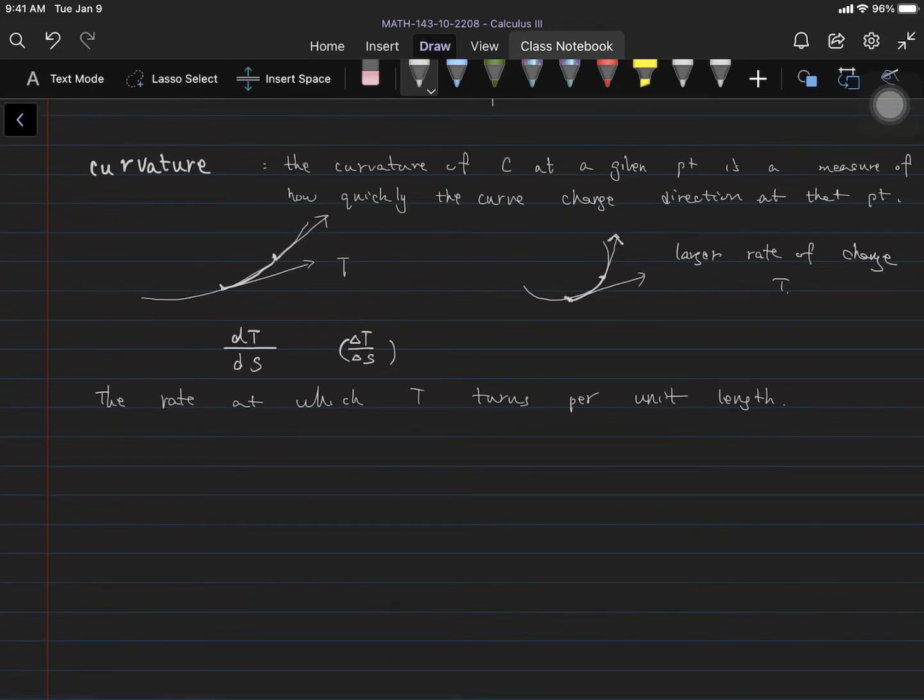How do we calculate dT/ds? The curvature is defined as follows.